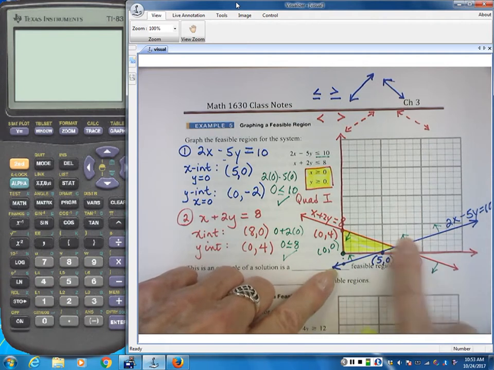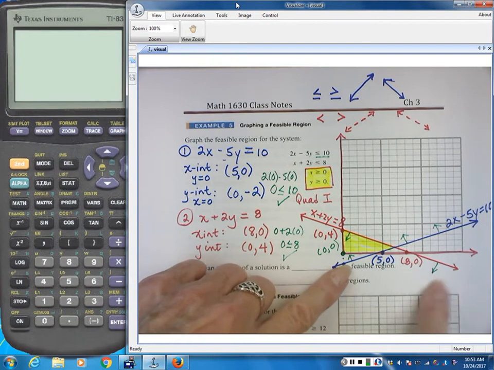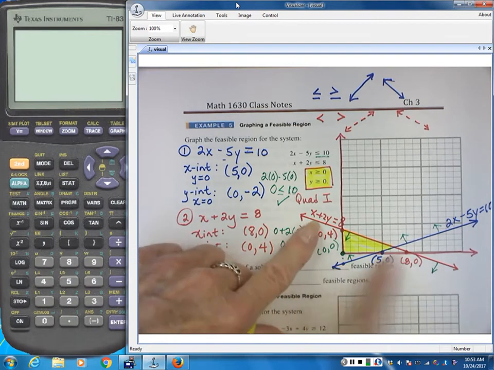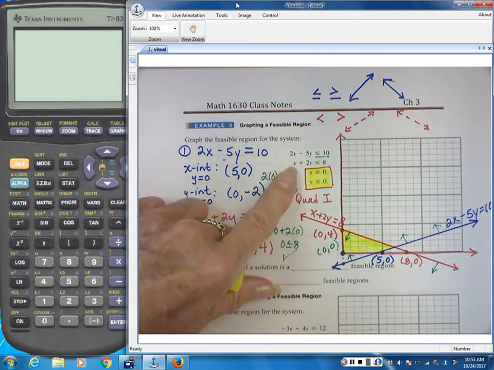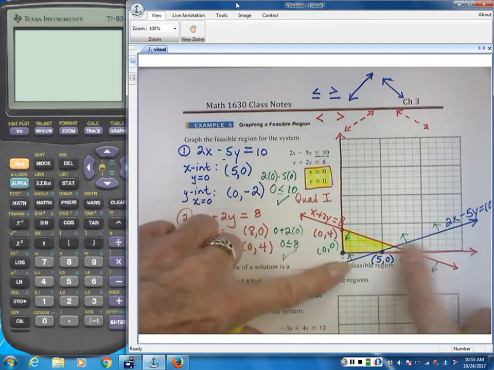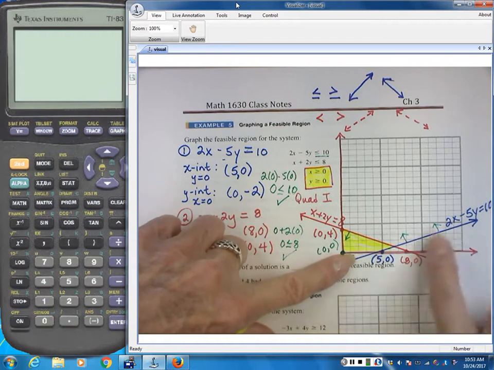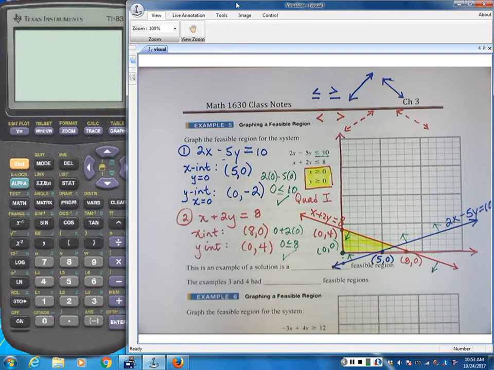This area wouldn't be shaded at all because it's not included in either area. This one would only satisfy, if you shade all this, x plus 2y is equal to or less than 8. If you shade everything up here, then all of it satisfies 2x minus 5y is equal to or less than 10, but only this part of it satisfies both.